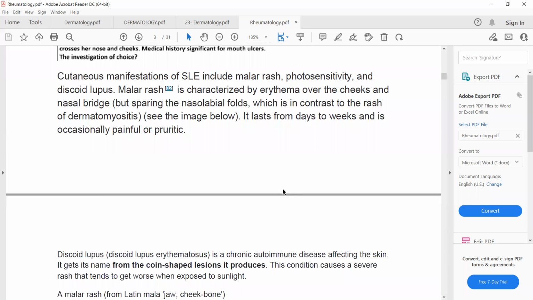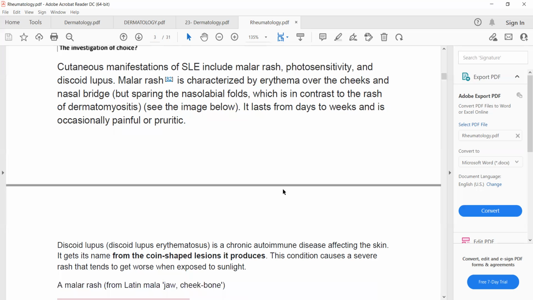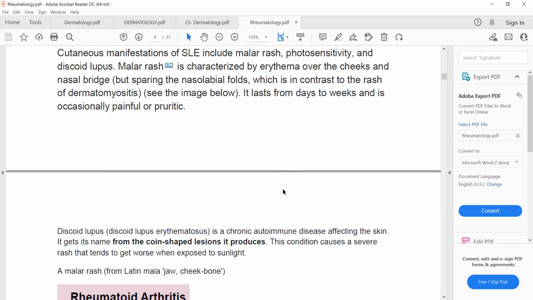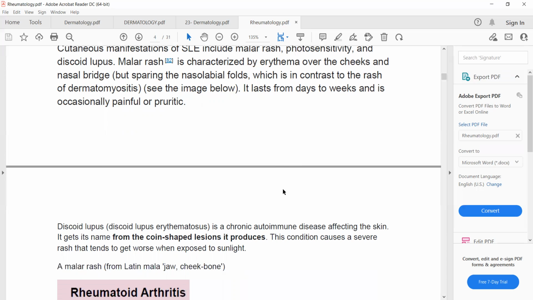So the malar rash of SLE spares the nasolabial folds, while the rash of dermatomyositis, a condition that we will discuss in the coming slides, does not spare the nasolabial folds.